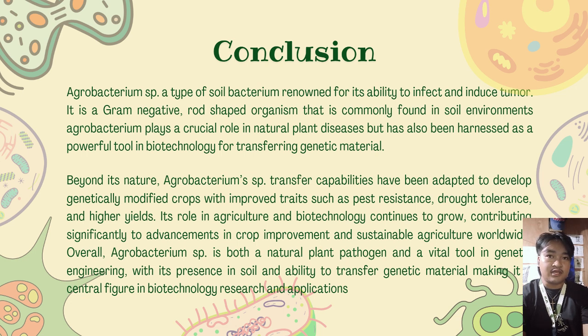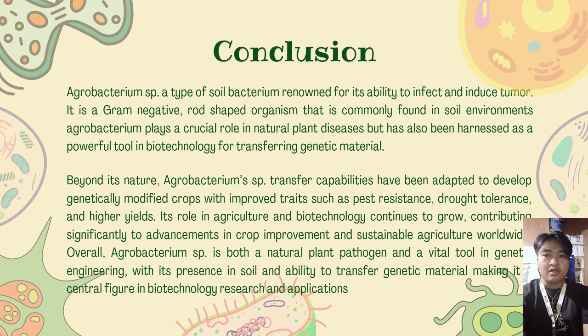Agrobacterium sp.'s transfer capabilities have been adapted to develop genetically modified crops with improved traits such as pest resistance and drought tolerance for a higher yield. So its role in agriculture and biotechnology continues to grow, contributing significantly to advances in crop improvement and sustainable agriculture worldwide.